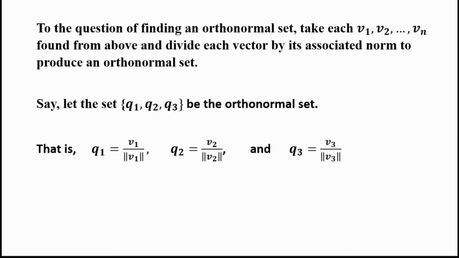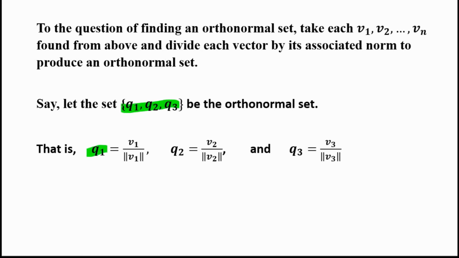Now, to the question of finding an orthonormal set, we take each vector that we find, which are orthogonal, v1 to vn, found from above, and divide each vector by its associated norm to produce the orthonormal set. Suppose the set here is the orthonormal set, indeed for R3.